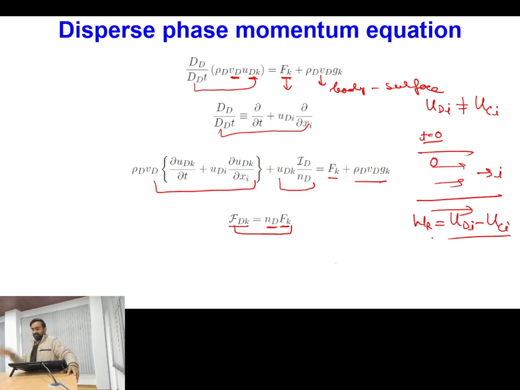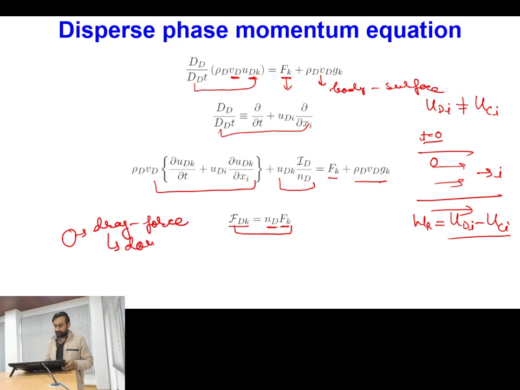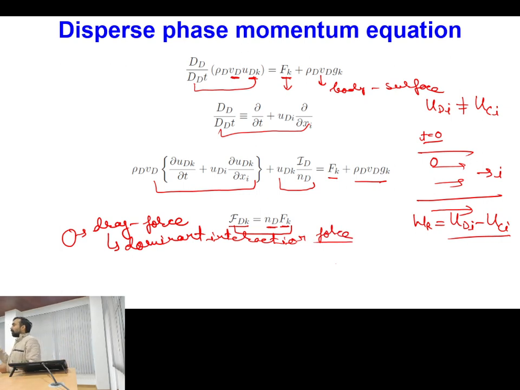One simple situation: if we assume that only drag force is the dominant interaction force. Particularly for the flow of dispersed solid particles or liquid droplets in air, the dominant force acting on the particles is most of the time nothing but drag force.